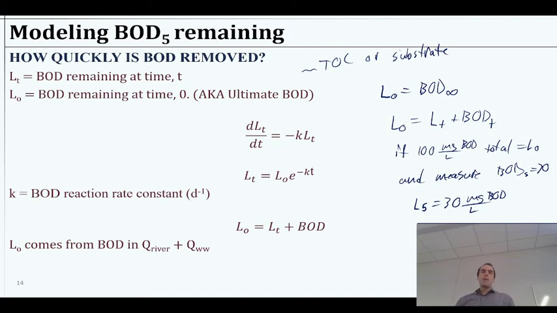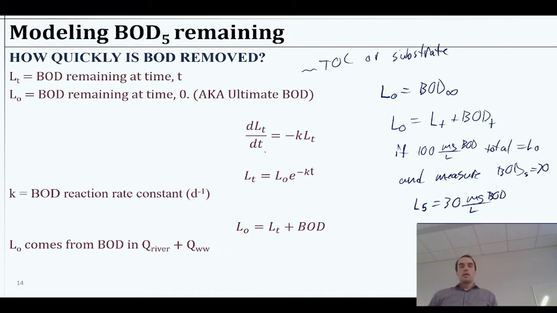So we can then look at dLt/dt, so the change in the amount that's remaining over time is equal to this first order decay reaction, negative k Lt. Okay, seen these all the time, but the deal is that's on the amount remaining, because BOD is just such a weird term to use in the first place that we need this BOD remaining.